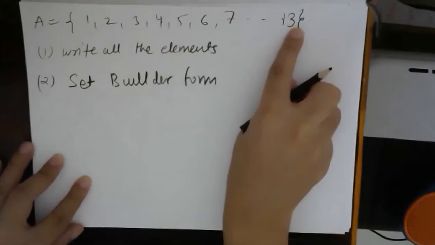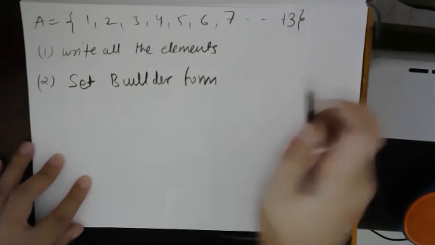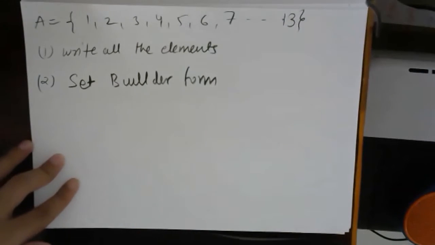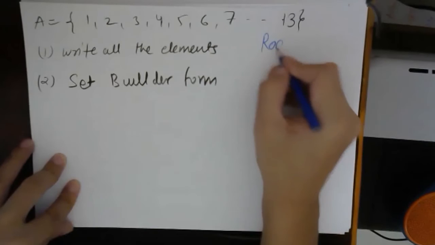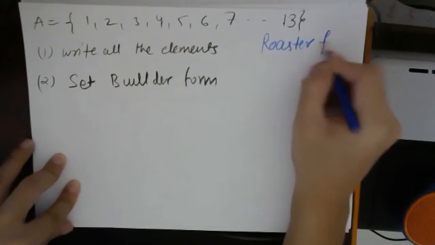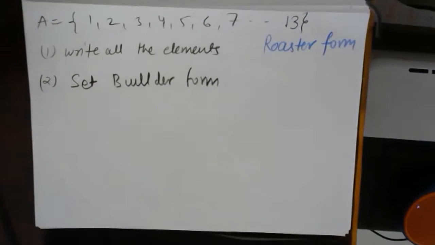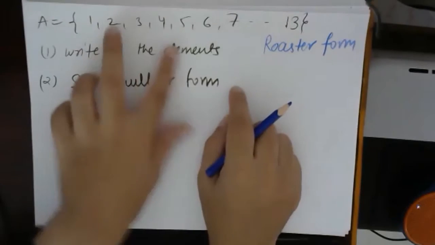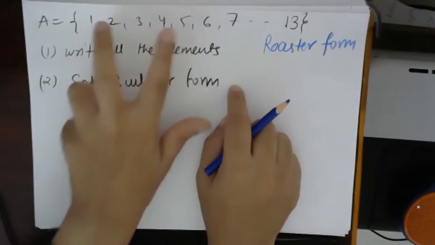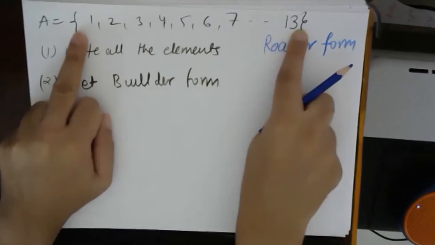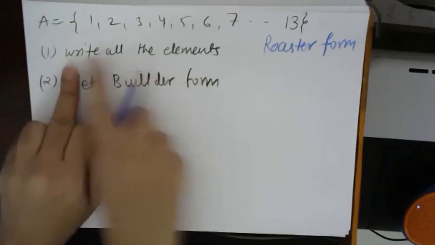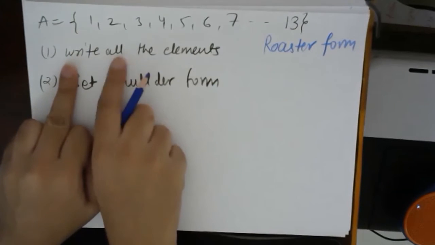This kind of representation is called a roster form. Roster form means a large form, right? This is a set, this is also a set, but this is a set in which I had to write 13 names, 13 elements. This is also a set, writing all the elements.